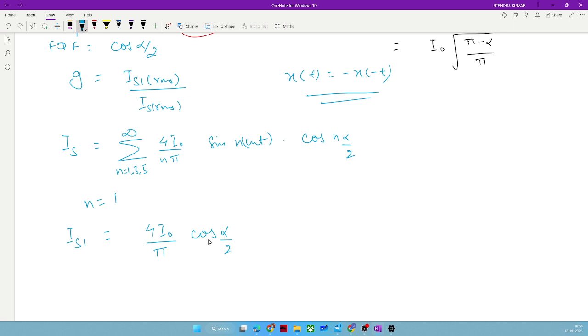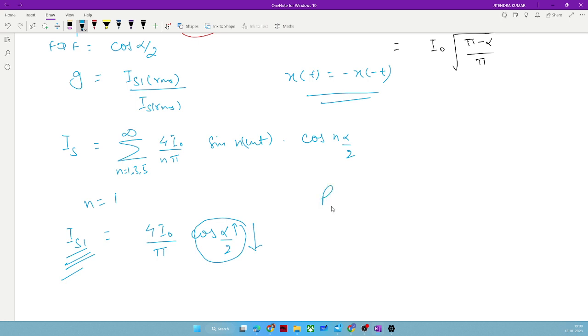The higher the angle alpha, the higher the delay you provide to your thyristor, it will again face the same issue faced by the single phase full bridge converter. The higher the firing angle, the entire cos alpha by 2 term will reduce, and you will lose in terms of the magnitude of IS1. And IS1 is the major portion which contributes to your active power, right?